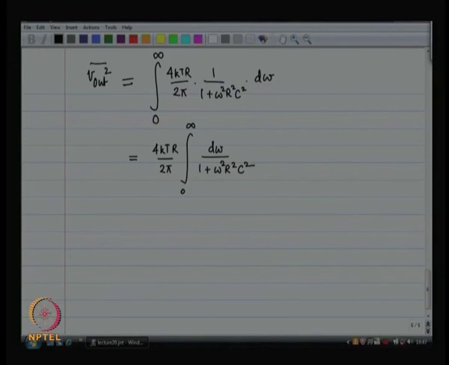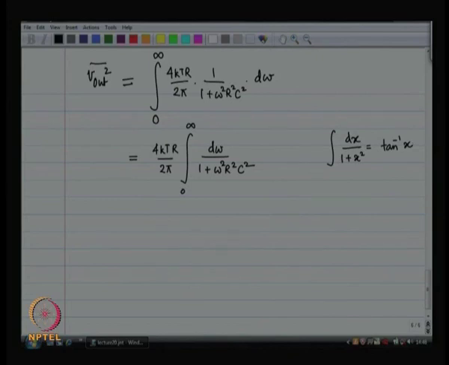Okay. And if you look up your table of integrals, then what you are going to find is that the integral dx by 1 plus x squared is equal to tan inverse of x.